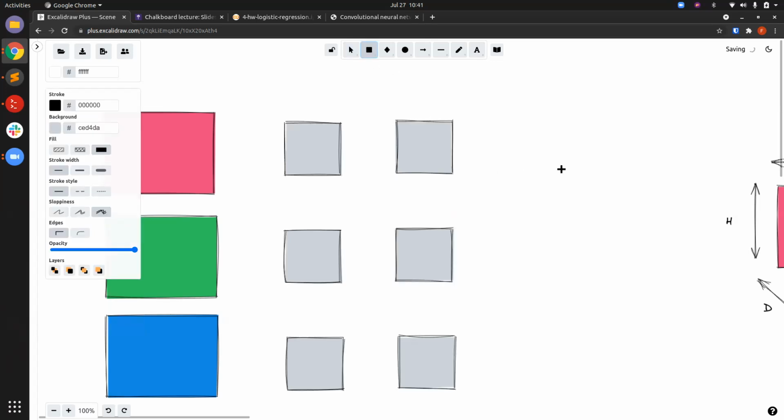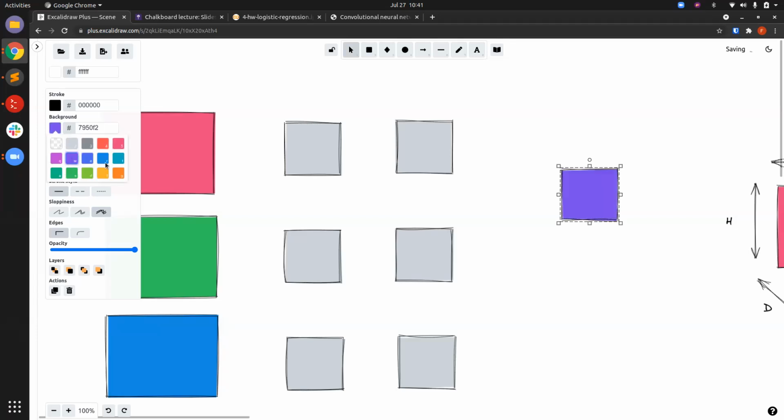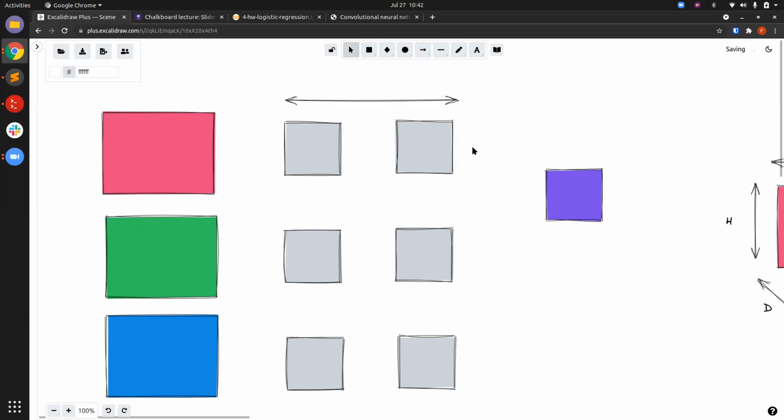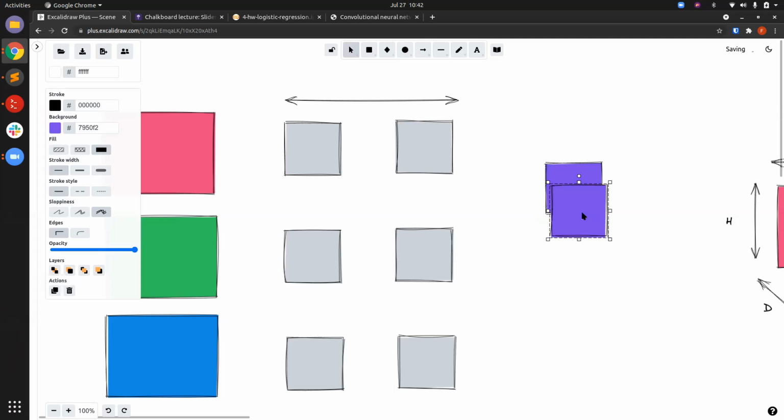That means I'm going to produce an output. What is the output dimension going to look like? Well, the width and height will be the same as the width and height of the filters, at least in this example. And the depth will be equivalent to this dimension. So I have 2 sets of filters, so the output will have a depth of 2. Let's make the output gray.